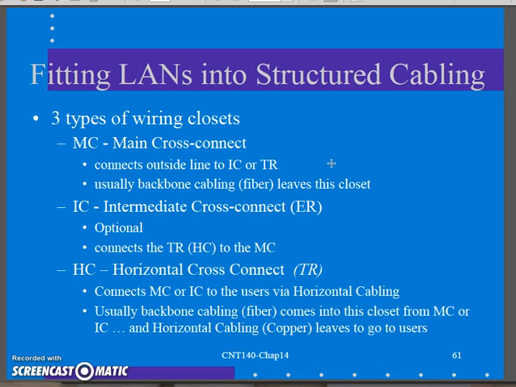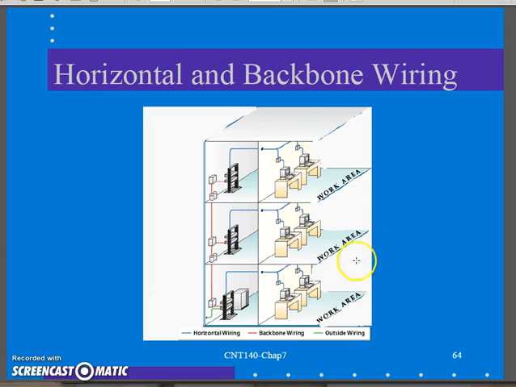Here would be my ISP connection coming in from the street into my routers and switches, and then from there, backbone cabling is leaving to go to my HCs. In this particular closet, they also have an HC as well.